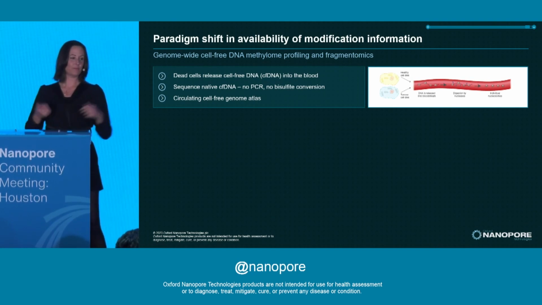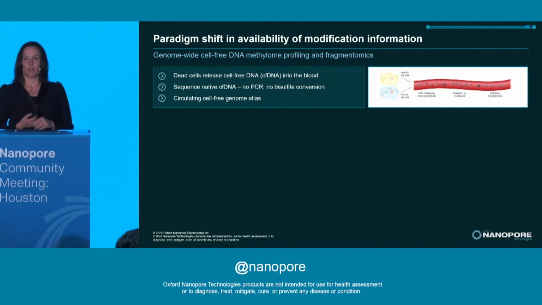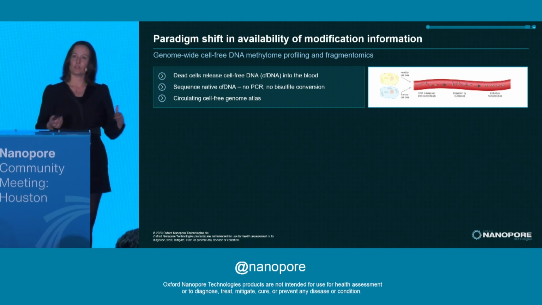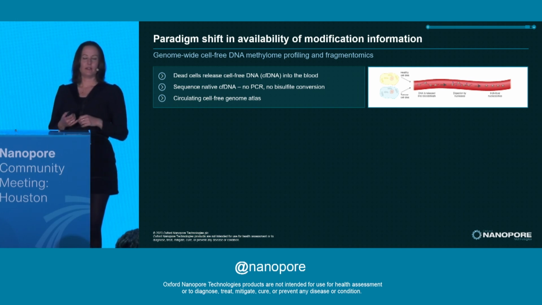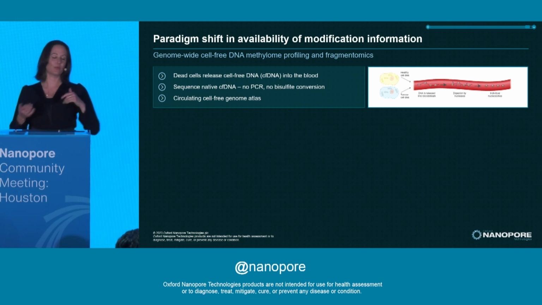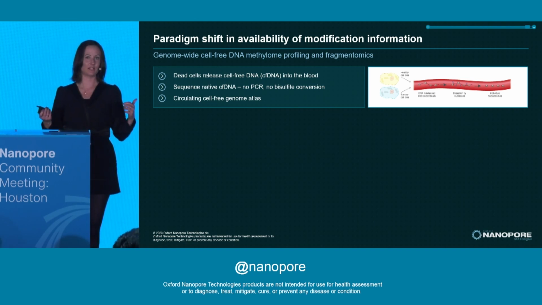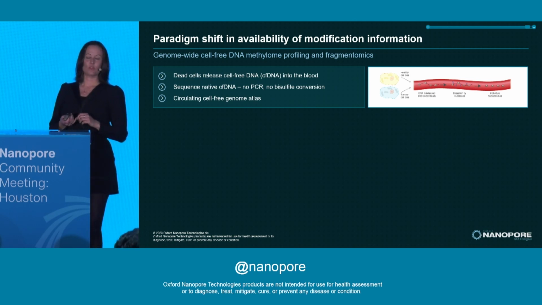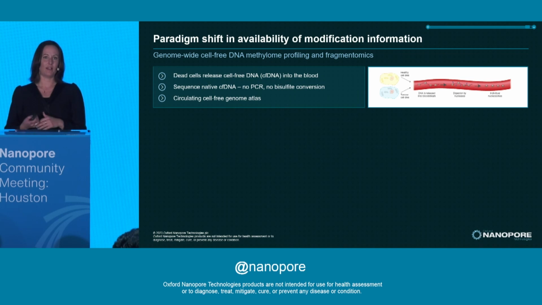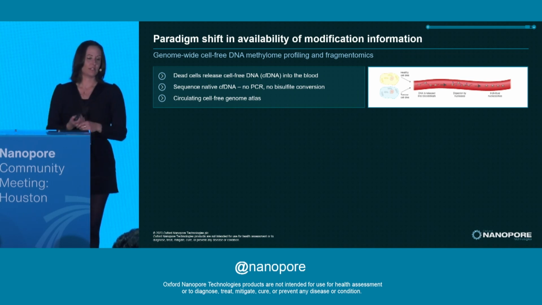in the whole genome is looking at cell-free DNA. So as you probably all know, both healthy and unhealthy cells will shed DNA into the bloodstream. And because we don't do any PCR or bisulfite treatment, and because we can sequence the methylation as it is, when we sequence these really short DNA molecules, we can look at the methylation and profile how that looks compared to the rest of the person and the organs.